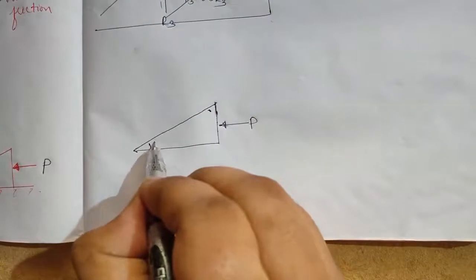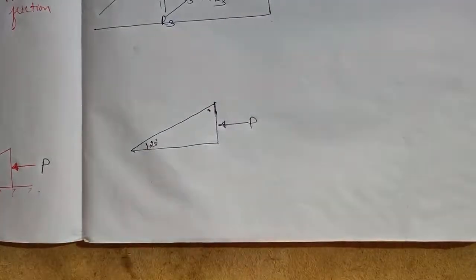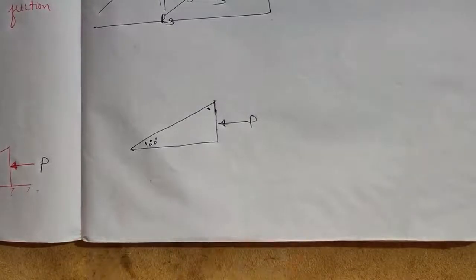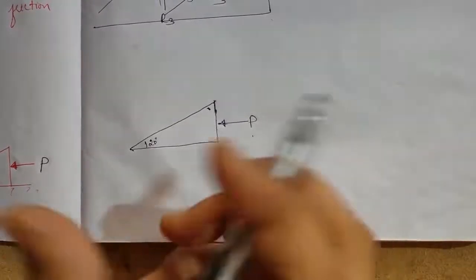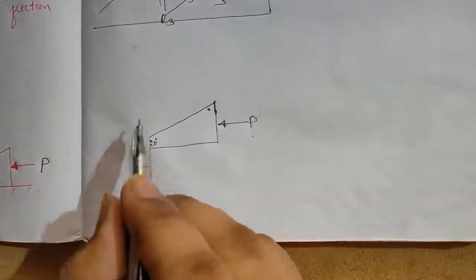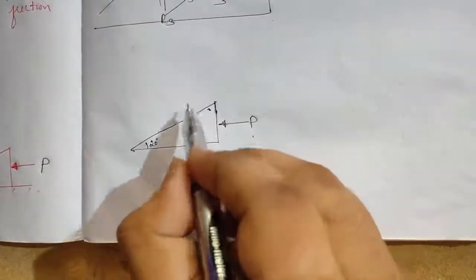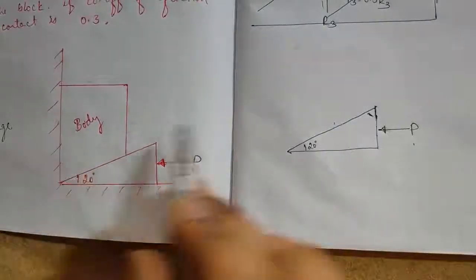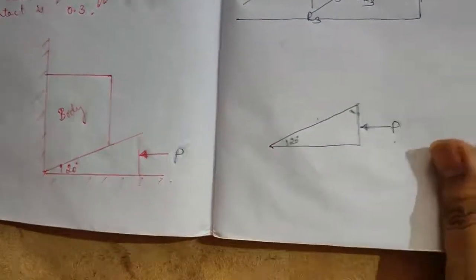So this is 20 degree. What is given in the question is that we have to find the value of P so that it raises the body in the upward direction. If the body is rising up, this wedge should move inside.